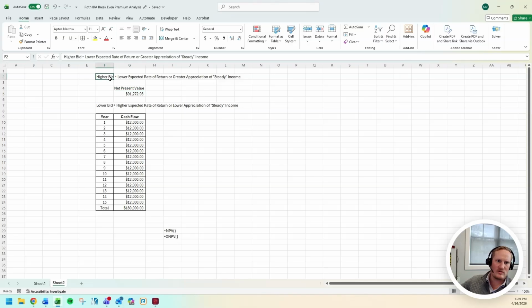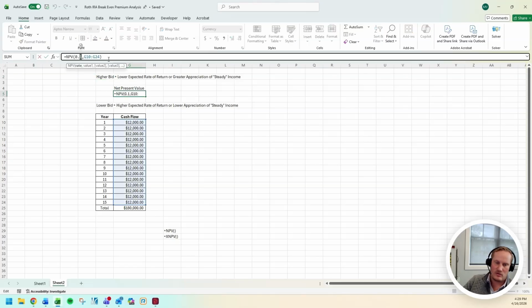Once you are working for your client, you can enter a higher bid, which essentially says, I don't expect to earn 10% in the future, or maybe I'm more of a conservative investor than that, or maybe I have a greater appreciation of steady income, in which case you could be justified in using something like a 4% discount rate, which is closer to today's current bonds.